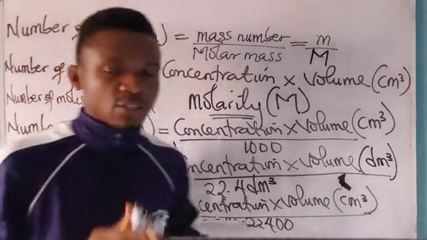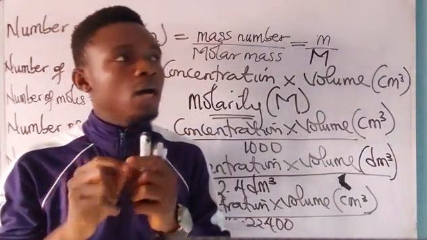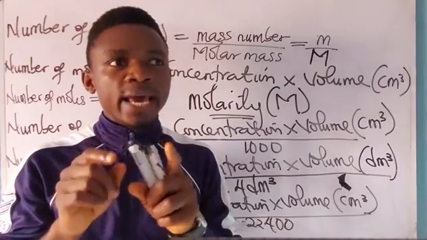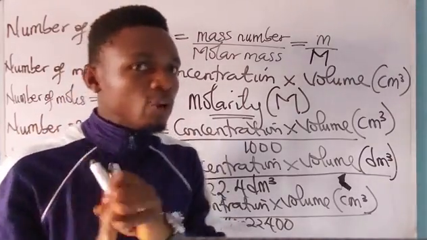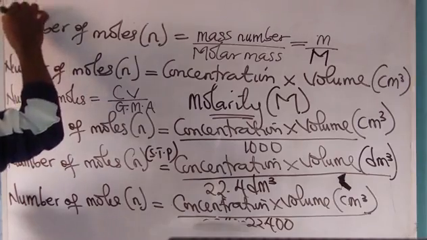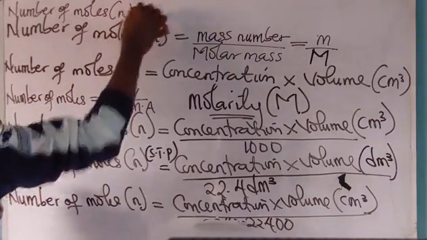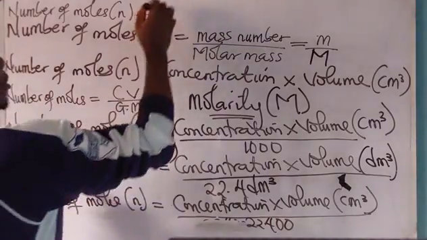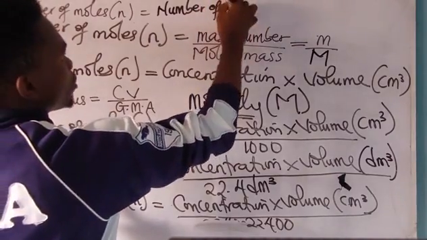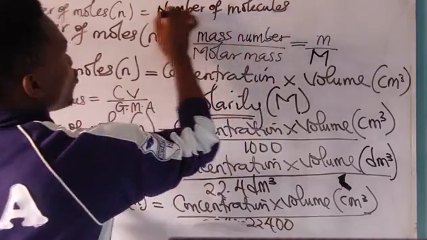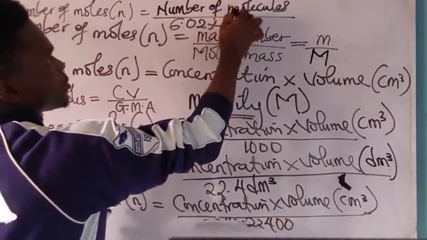When you are asked to calculate the number of particles or molecular number, you say number of moles, which is n, equals number of atoms or number of molecules over Avogadro's number, which is 6.02 times 10 to the power 23.